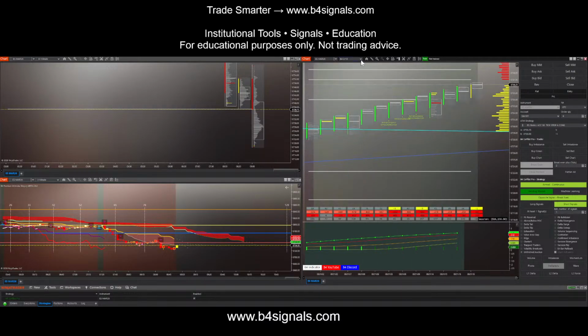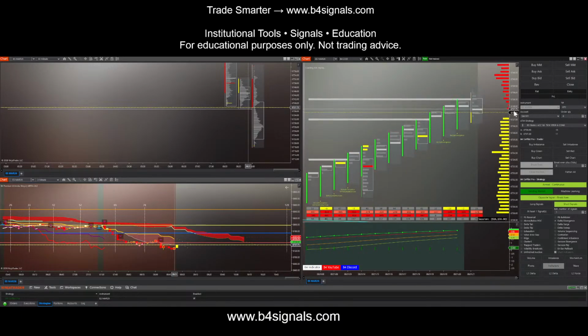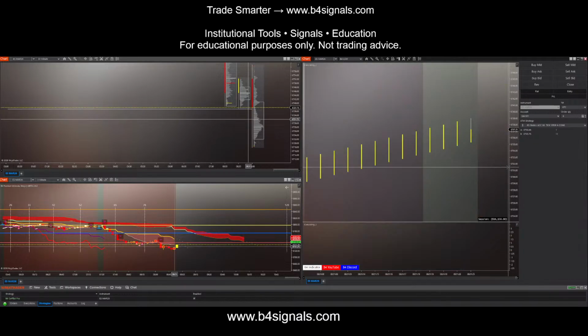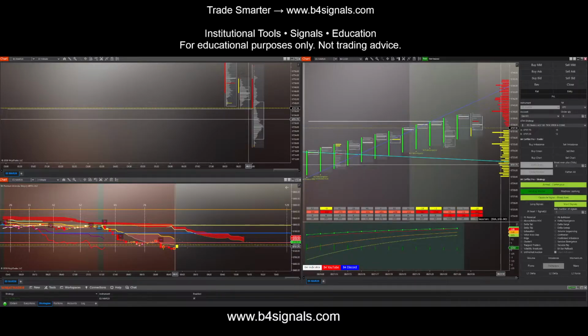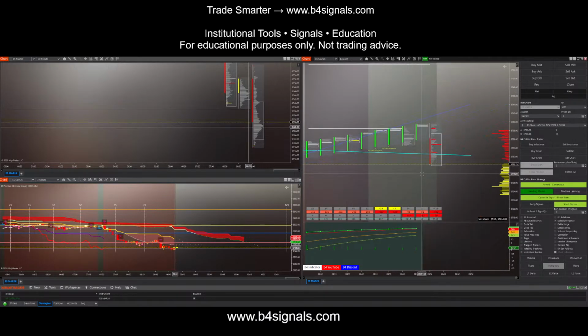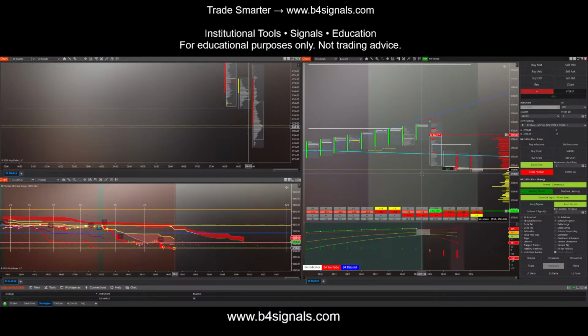In fact, I'm going to change candles to a bigger candle. Order filled.